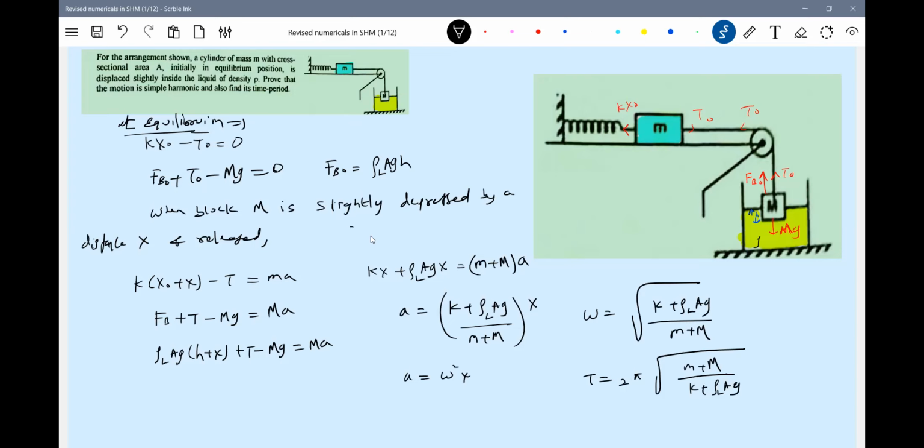How the questions can be asked here is, rather than asking the time period, they give more than one option. If the density of liquid is increased, then what happens to the time period? If the area of cross section of the block immersed increases, the time period decreases. You see all the parameters are there.